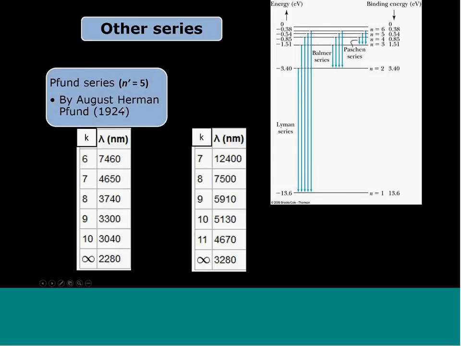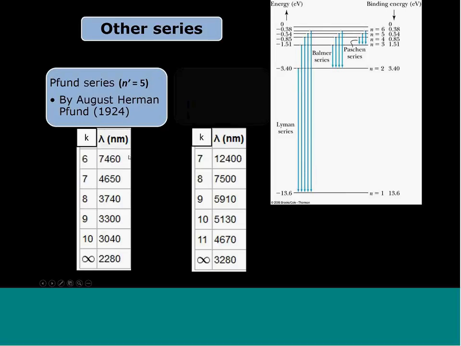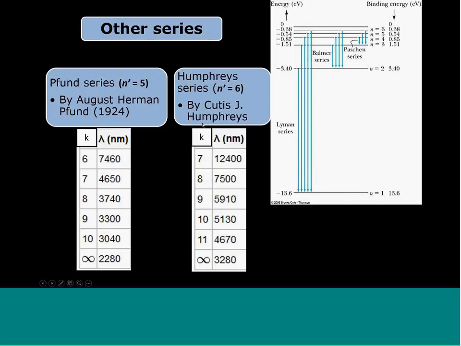Pfund series n equal to 5. Then n equal to 6 series by Curtis J. Humphreys. So mula daripada 7.